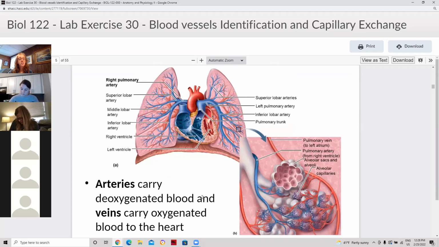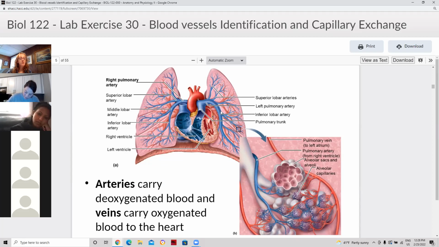This is the only place in the body where we're going to see arteries carrying deoxygenated blood and veins carrying oxygenated blood back to the heart, because that's where the gas exchange is occurring to add oxygen to the blood.